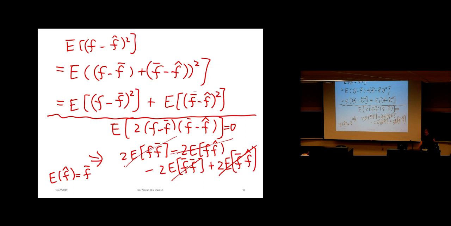Question about this? The first part is bias, the second part is variance. Bias is how far the mean of the estimation is apart from the true model. Variance is how variant my estimated f is apart from the mean. Question about this?